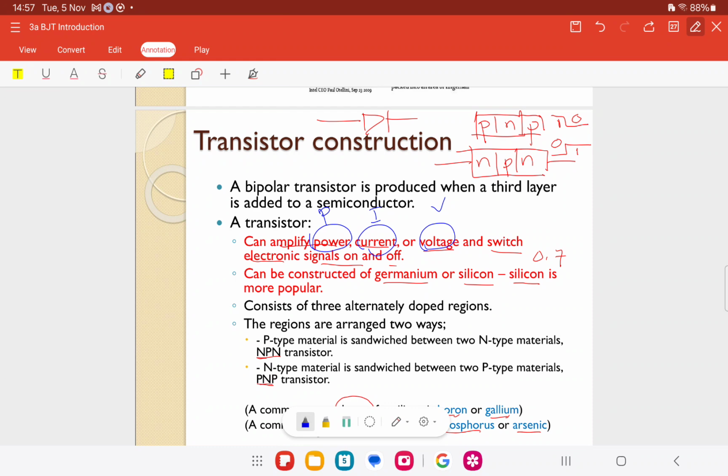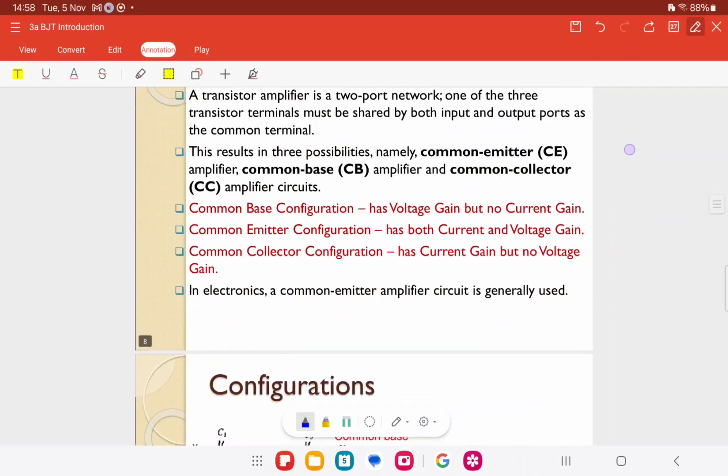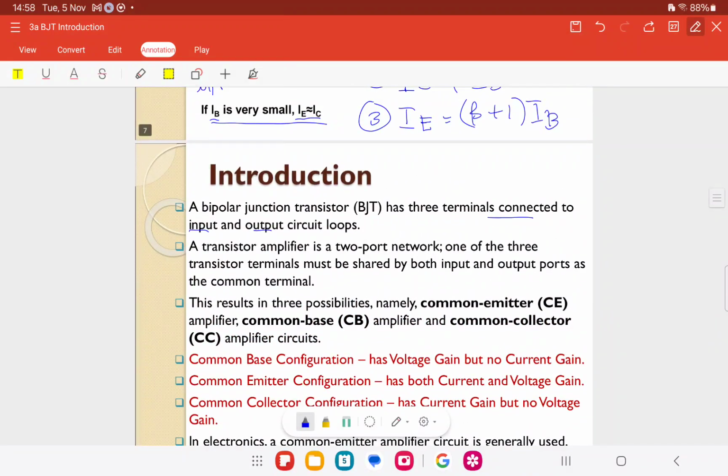When there is gain, there must be a ratio between input and output. That is why it is important to determine which one is input and which one is output. So it is a 2 port network.